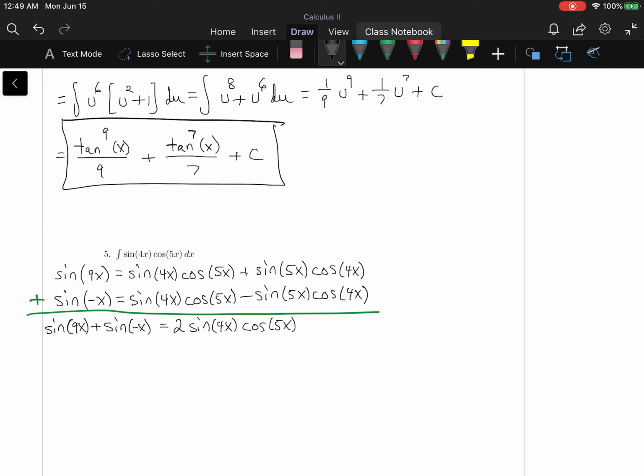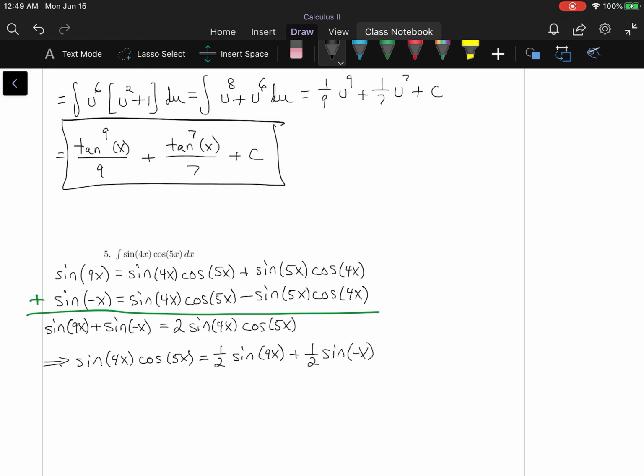which, dividing by 2, I now see that sine 4x cosine 5x is equal to 1/2 sine of 9x plus 1/2 sine of negative x.